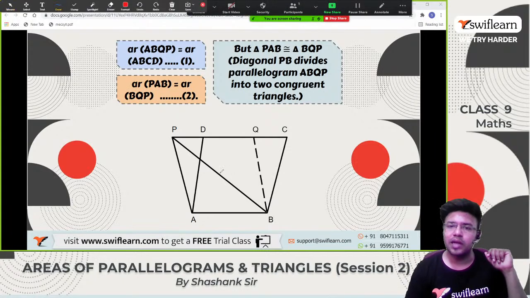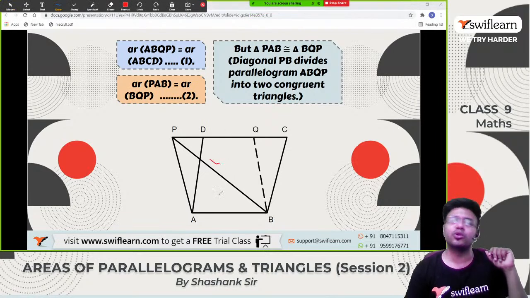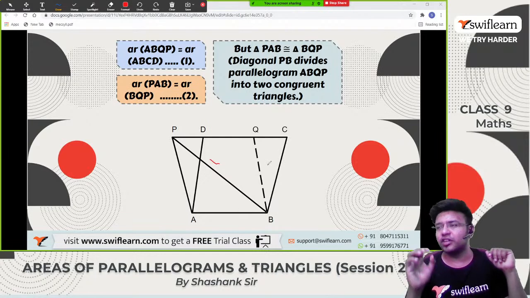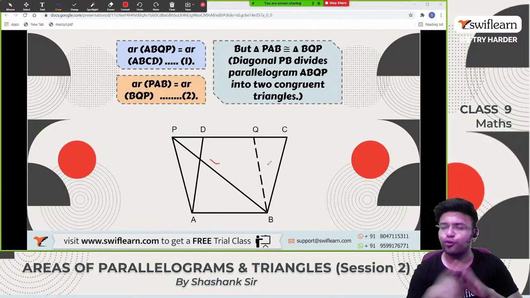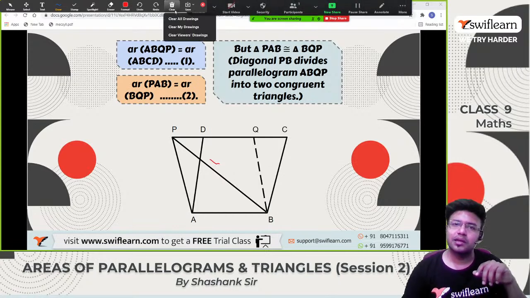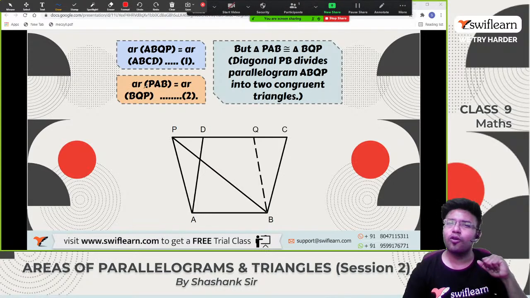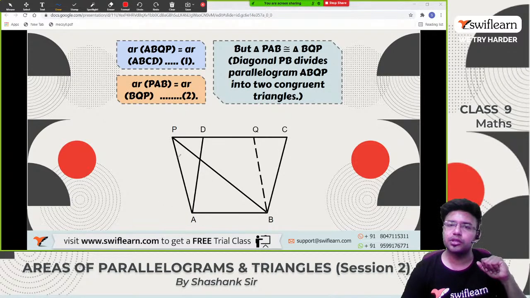This side is common. Opposite sides are parallel and equal. With the triple S rule, these two triangles are congruent. The proof is done.